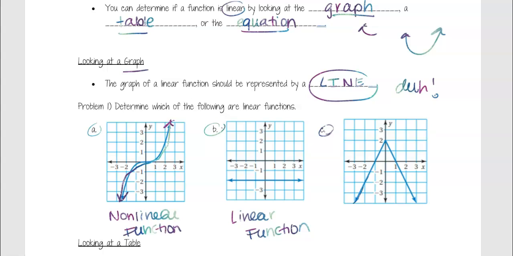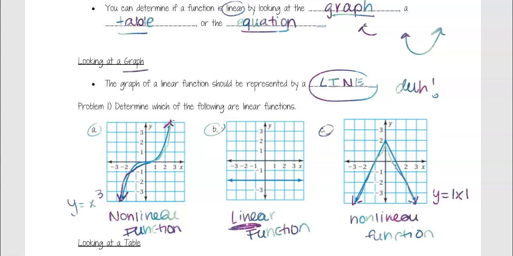And this one, we should be a little bit familiar with, and I can actually write this as an x cubic function. This is an absolute value function, nonlinear. Guys, they're not lines. That's all we kind of have to be responsible for right now. For it to be a linear function, it has to be a line.